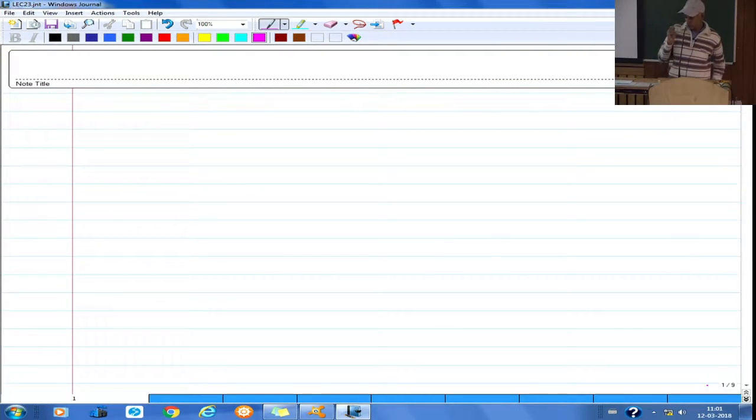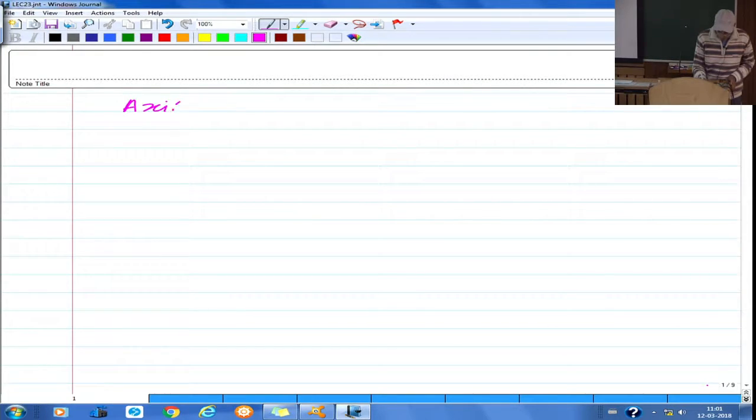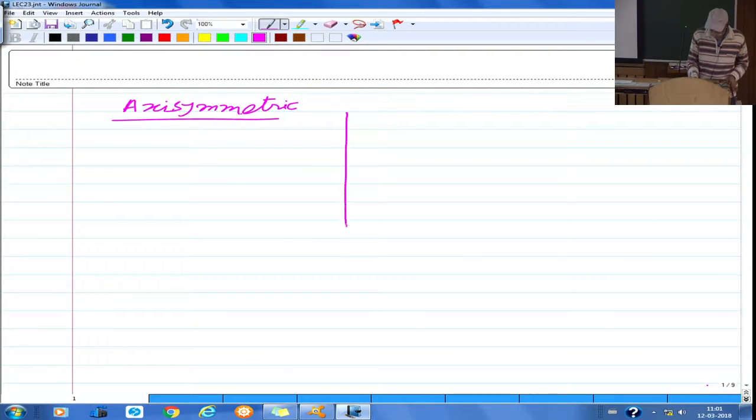One question was about if the domain is axisymmetric. Although I have not discussed axisymmetric problems, suppose we have a cylindrical rod. I am just drawing the front view of that, and this is the axis of the cylinder.